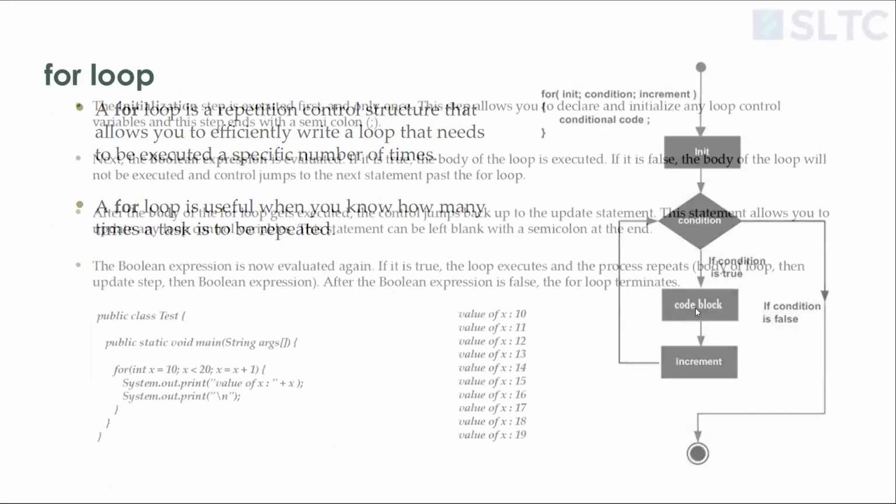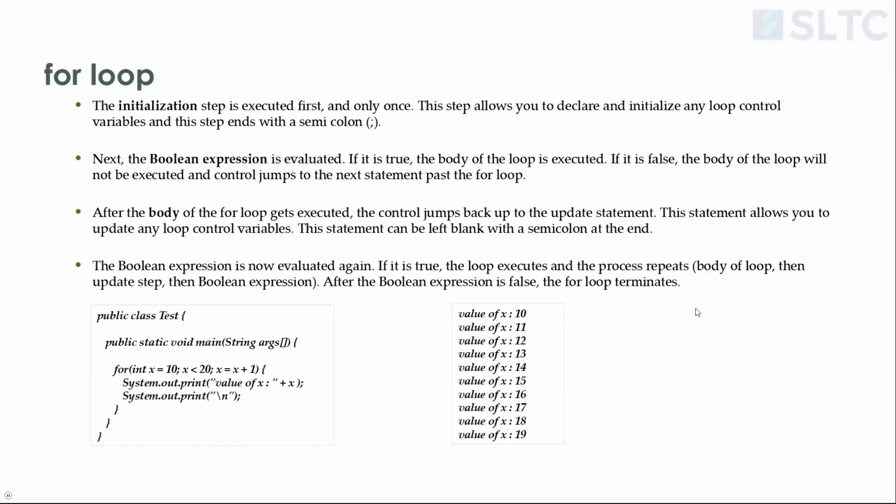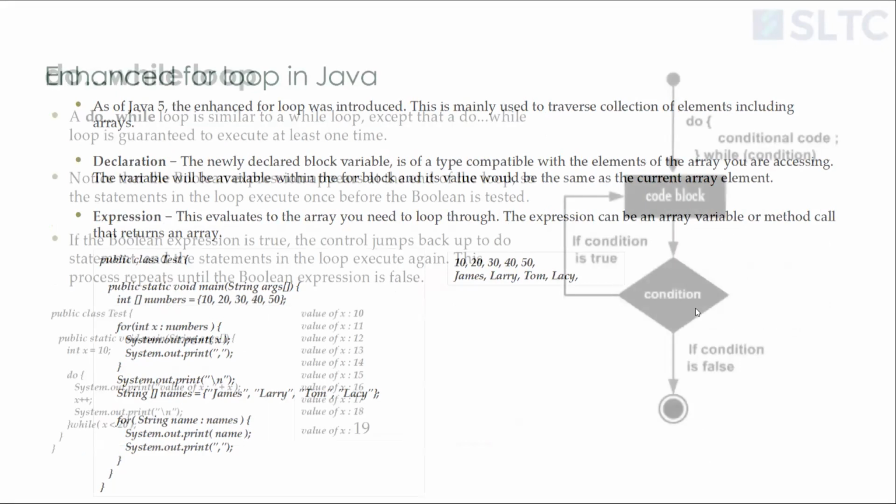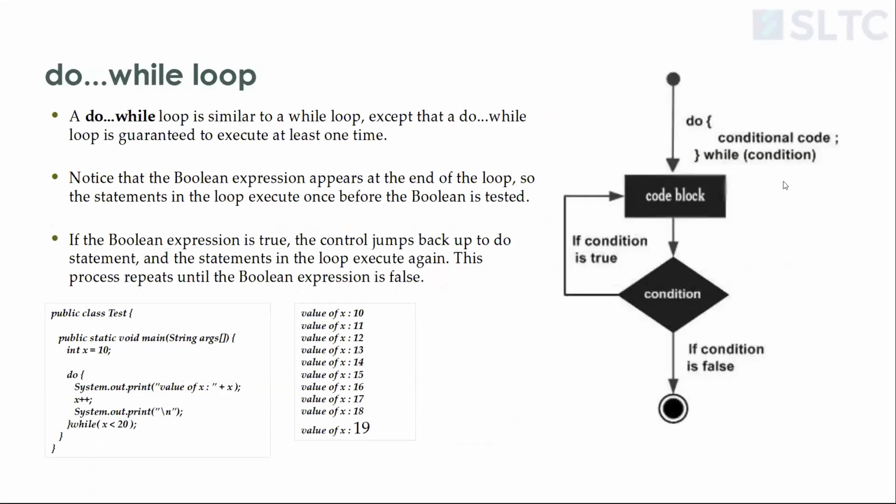But if you look at the next one, do while loop, we call it, where we do the job and then we do the testing. There are situations where we may have to show something to the screen and then wait for the user to enter something. So in that case, the best choice would be do while loop.